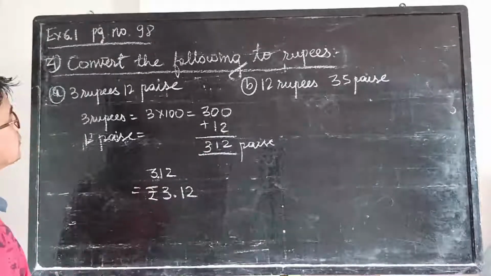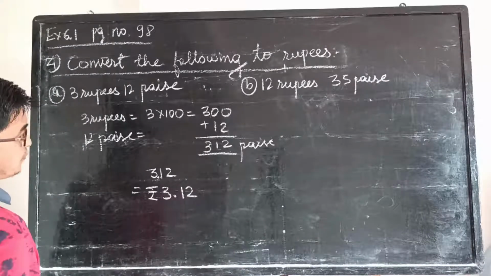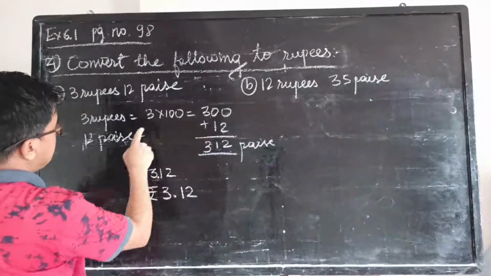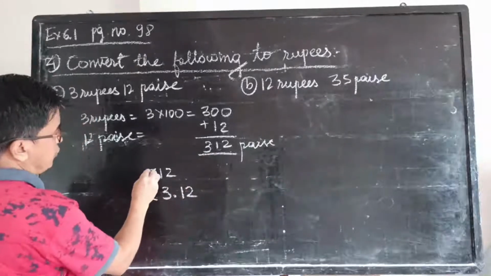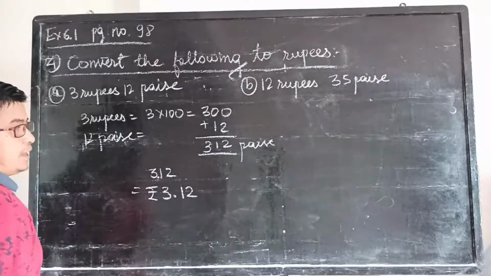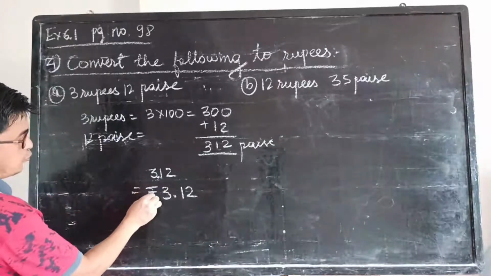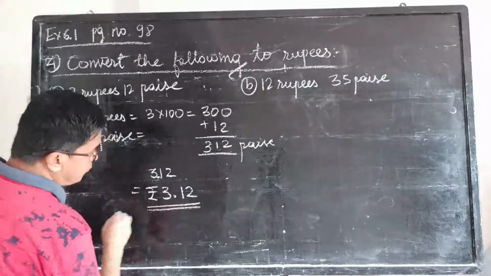This way you convert 3 rupees 12 paise into rupees. Now you add this first. You convert this rupees into paise, 300 paise, and 12 paise as it is. Add this, you get 312. Write 12, and after 2 digits from the right you put a dot, and it will be equal to rupees 3.12.